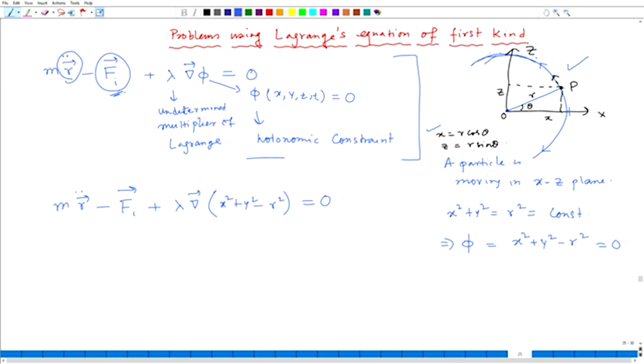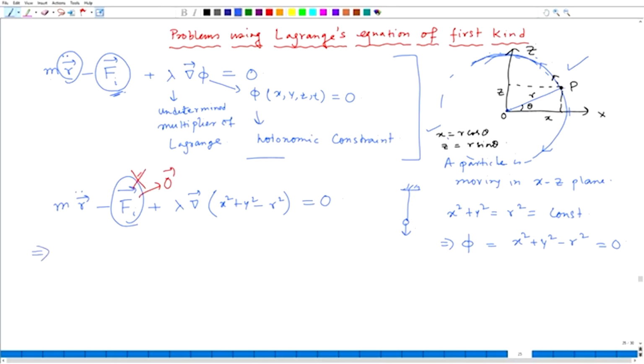When a particle is hanging vertically, in the case of a pendulum, I know g is acting, but here, when a particle is just moving in a circle, I can simply say the motion is only due to the force of constraints, and this type of force is not present. So, this is 0.